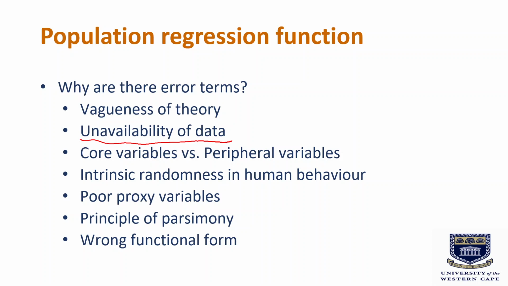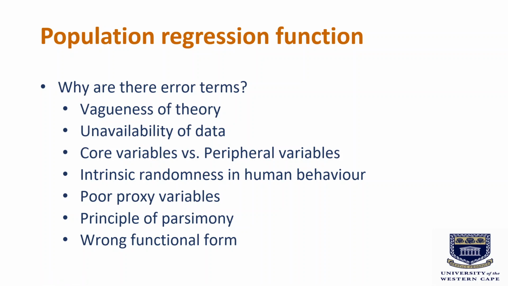But let's say that we don't have those data. We don't know what the average age of all the households are. So we just leave it out of the model. And if that is the case, again, our model will be wrong, and that error will show up in the u terms of the model, the error terms.